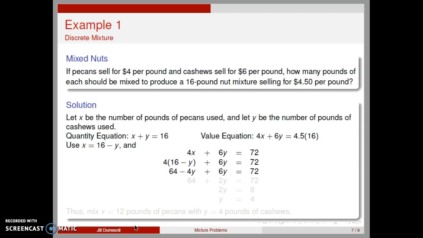We then distribute the 4, collect like terms, subtract 64 from both sides, and divide by 2 to get that y equals 4. Therefore, we should mix x equals 12 pounds of pecans with y equals 4 pounds of cashews to produce the desired mixture.